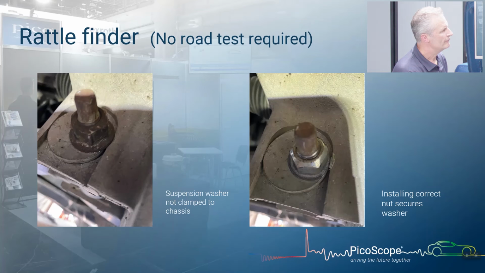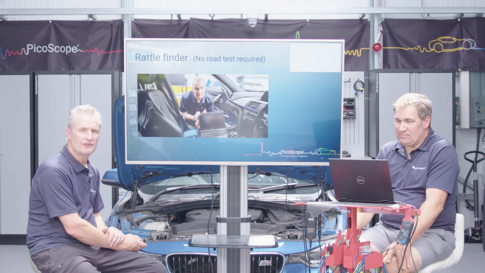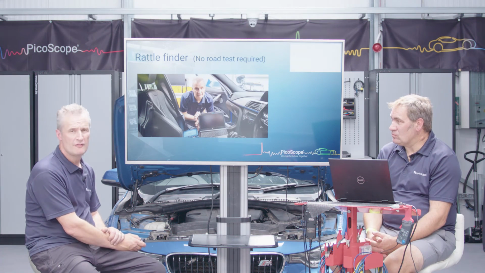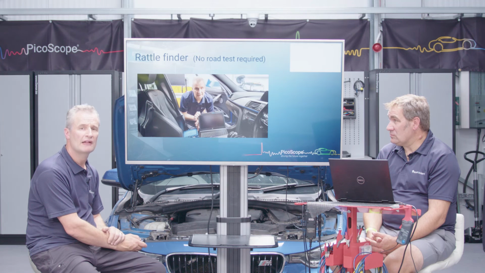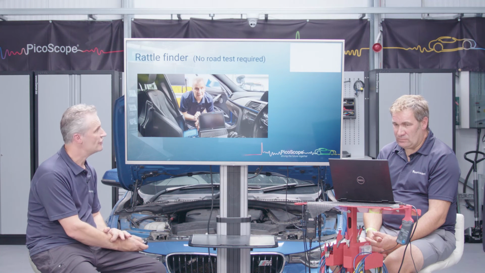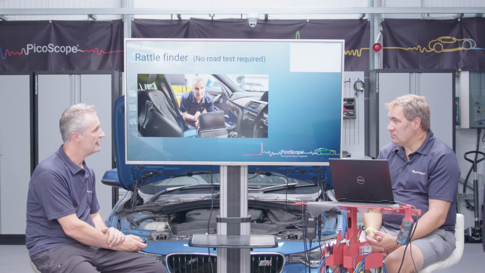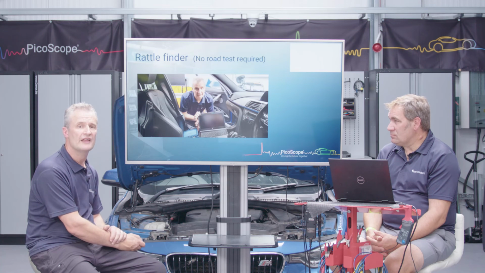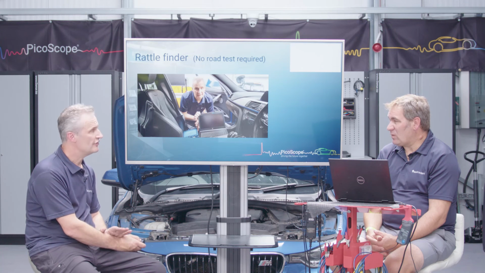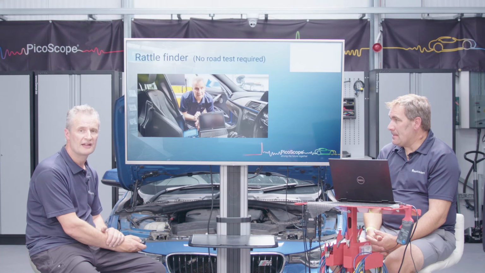A new nut, you can see the witness marks that have been left there. We've got good clamping force now. Rattle is cured. So on the subject of rattles, we have a video already on YouTube, Rattle Finder, and we run through this whole test procedure and how we link NVH, our laptop, to the in-car audio system and generate those frequencies that can generate rattles.